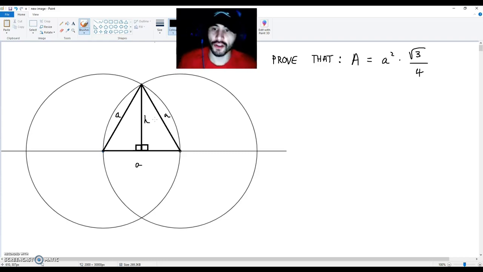And we are going to use Pythagoras' theorem to get the value of this area over here that I've put in x, and the value of this area over here that I put in x. Combined, these two areas will give us the area of the equilateral triangle, and we'll end up with our proof and this equation over here in the top right hand corner.